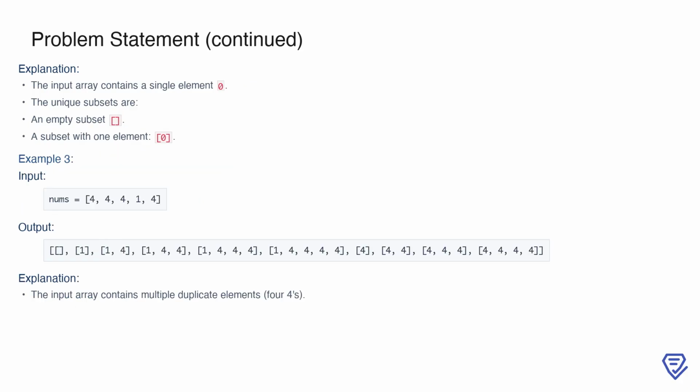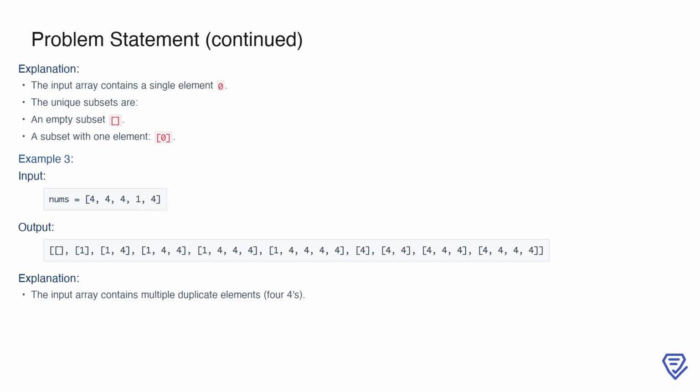In a more complex example, where the input array is 4, 4, 4, 1, 4, we observe multiple duplicate elements, specifically 4 occurrences of the number 4. Here, the unique subsets must account for these duplicates while ensuring no repeated combinations in the result. The subsets include the empty set, single-element subsets like 1 and 4, multi-element subsets like 1, 4, 1, 4, 4, and so on, up to the full combination 1, 4, 4, 4, 4.